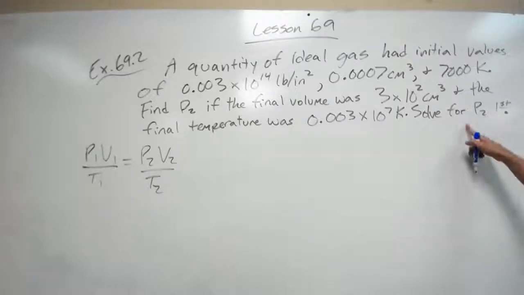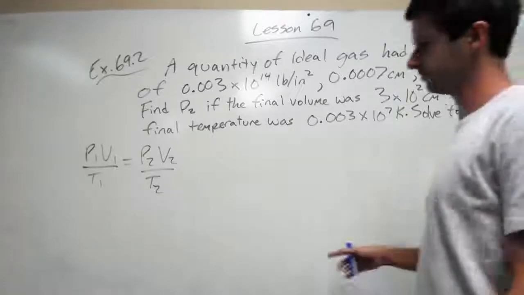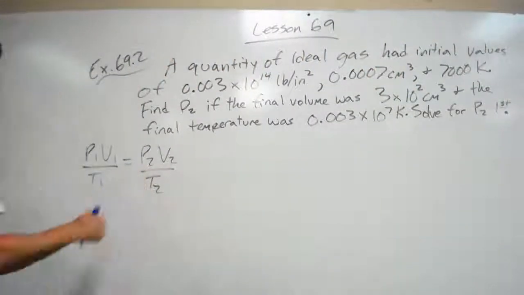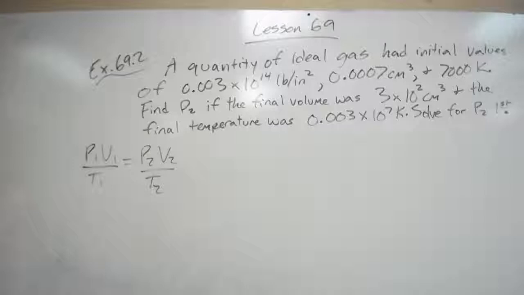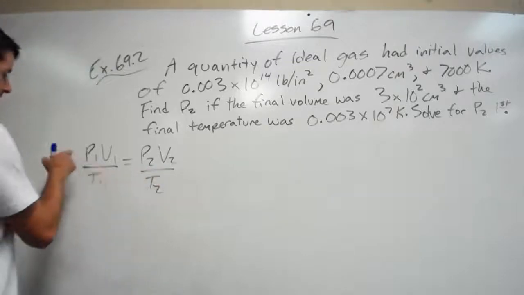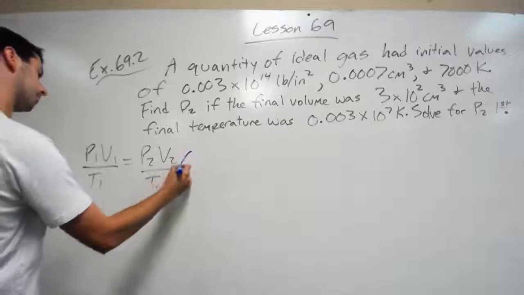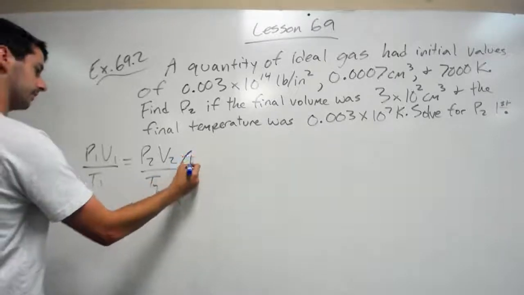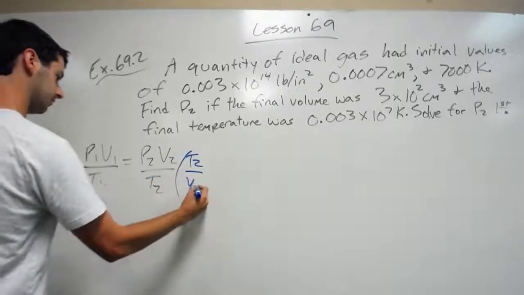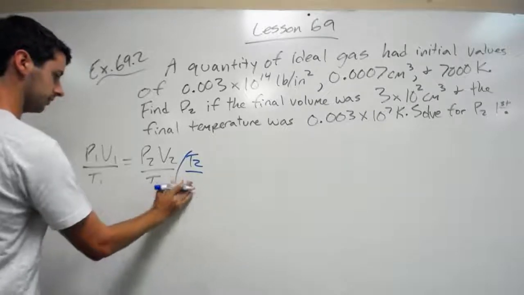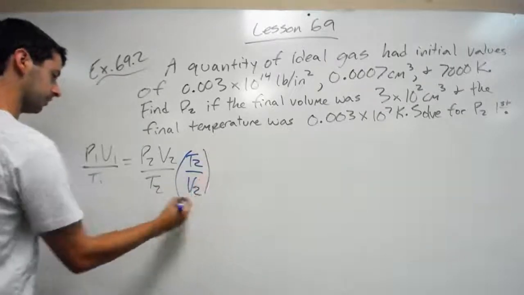What it wants us to do is get P2 isolated and by itself. The easy way to do that in this case, you could think of it as multiply by T2 and divide by V2. But if we multiply by the reciprocal here, T2 over V2, these cross out.